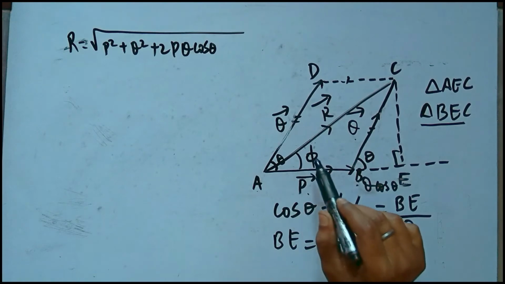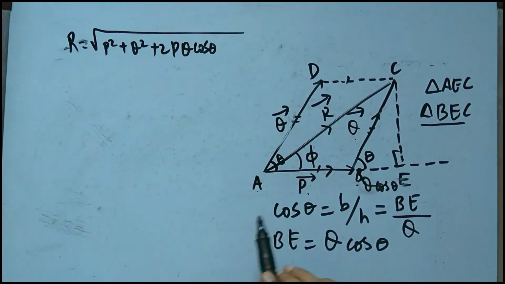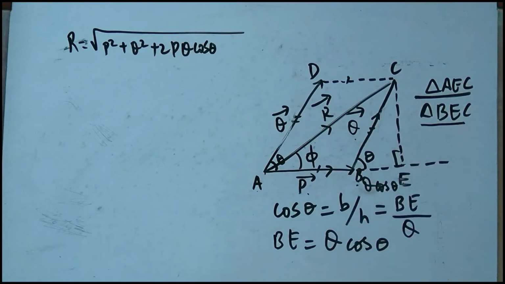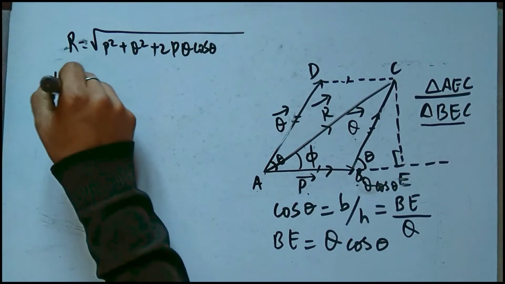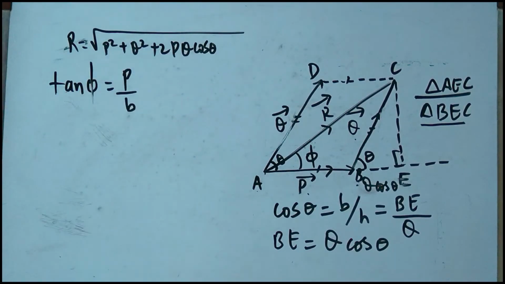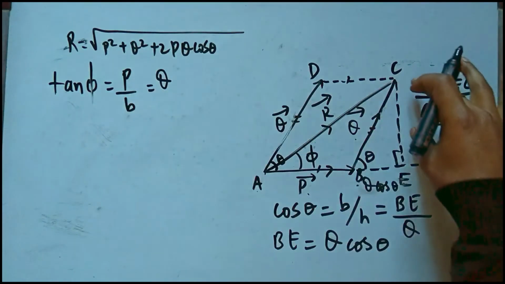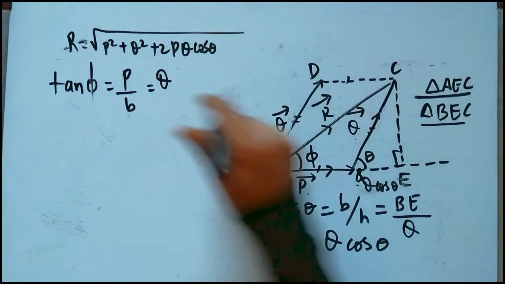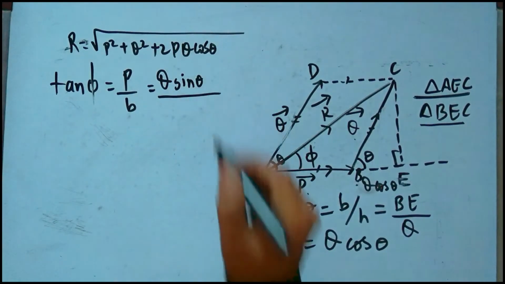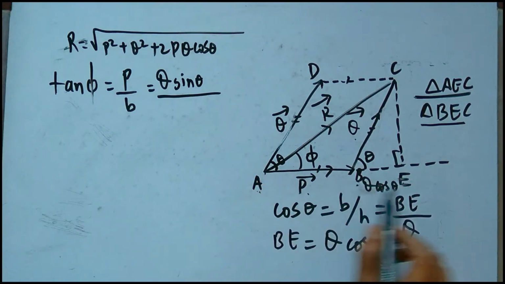Now we need to find the angle of resultant with vector P, that is phi. So if we take this triangle AEC, this is a right angle triangle. So if we take tan phi, which is equal to perpendicular by base, perpendicular being this EC, which is Q sin theta, which we already found, by the base AE.